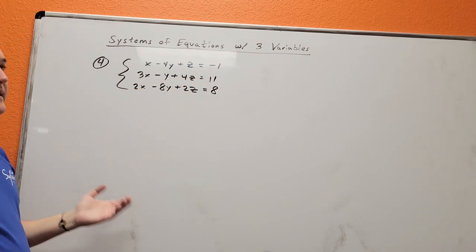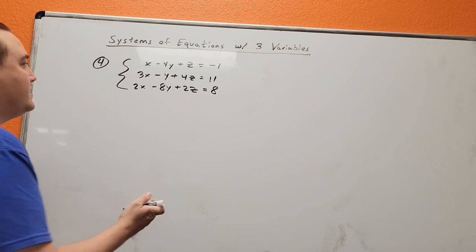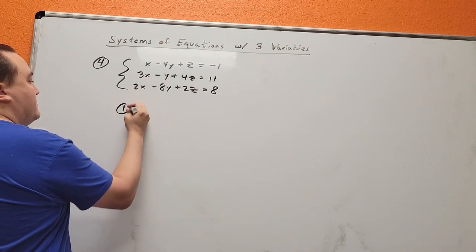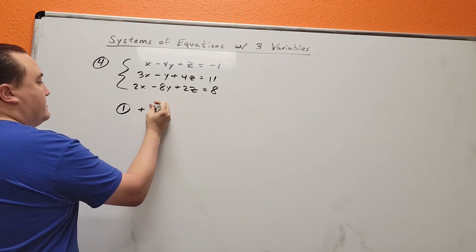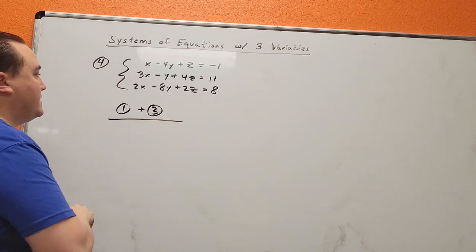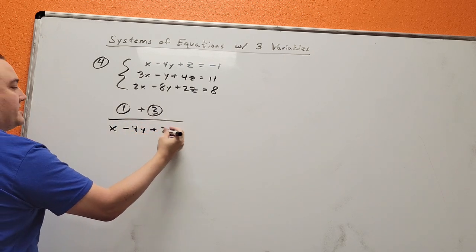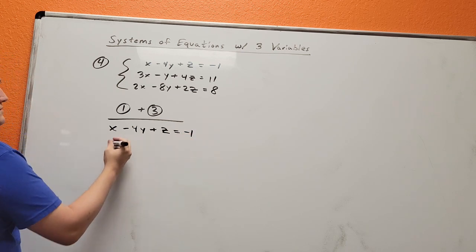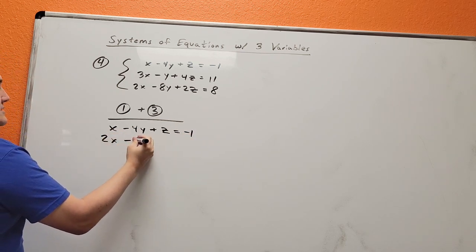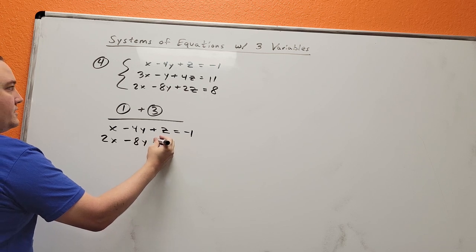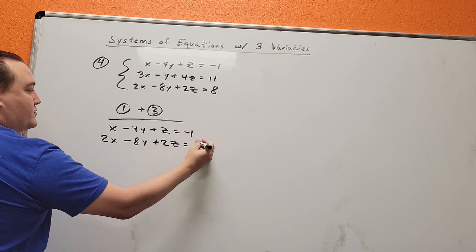So right away you can kind of tell the answer is no solution, because 1 and 3, if we did the math on it, so x minus 4y plus z equals negative 1, 2x minus 8y plus 2z equals 8.